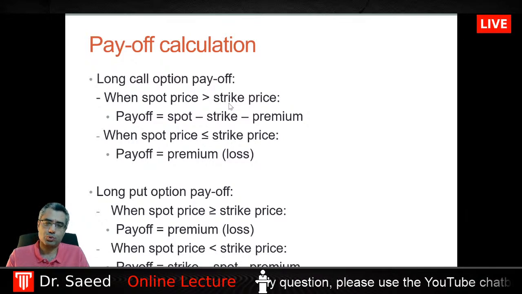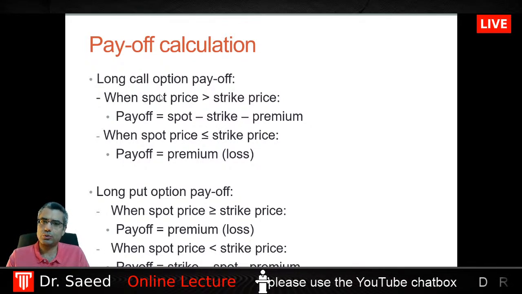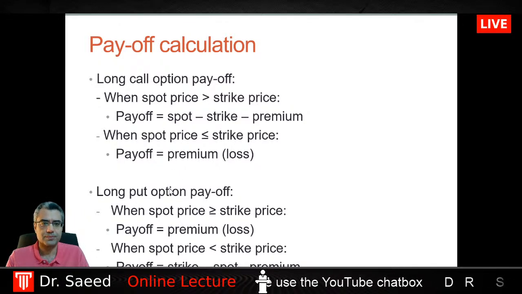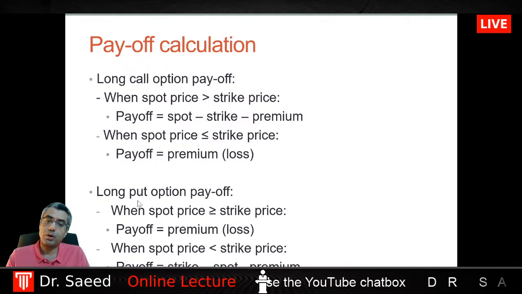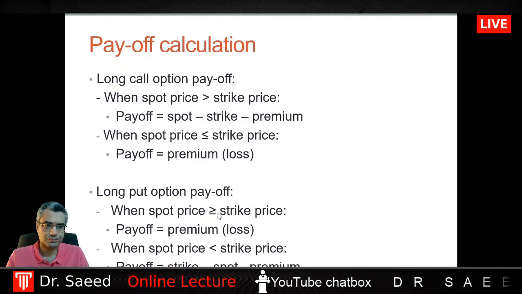It's also called the exercise price. So when you buy a call, this means that you expect the spot price to be greater than the strike price, and when you buy a put, you expect the spot price to be less than the strike price.